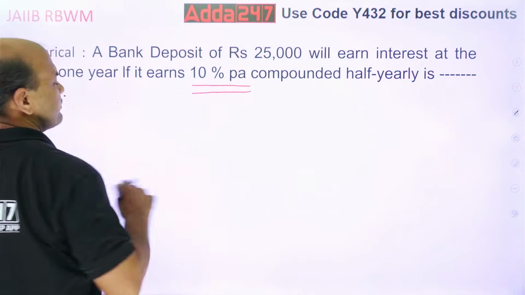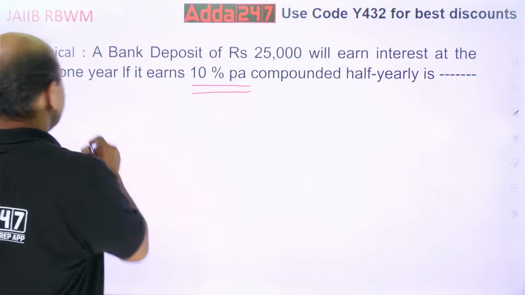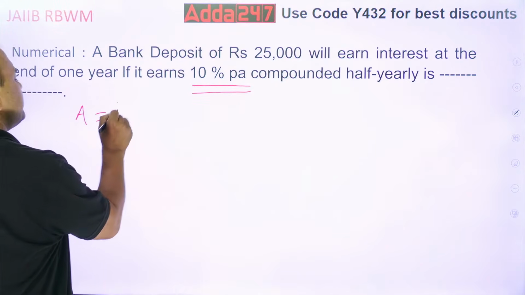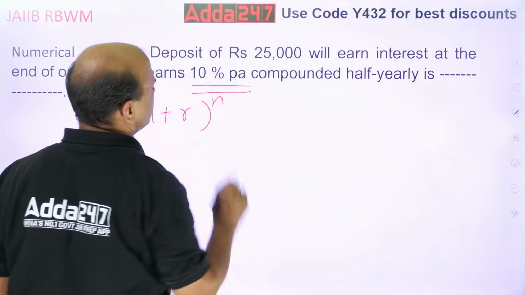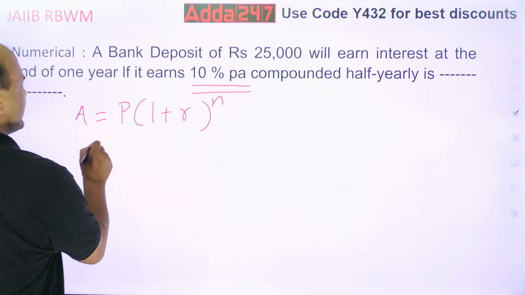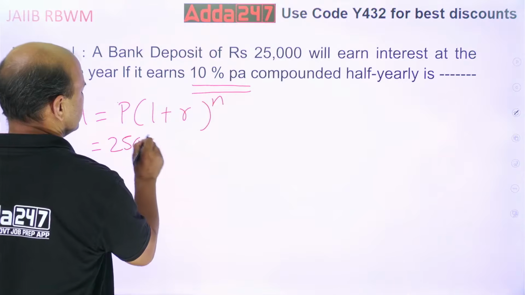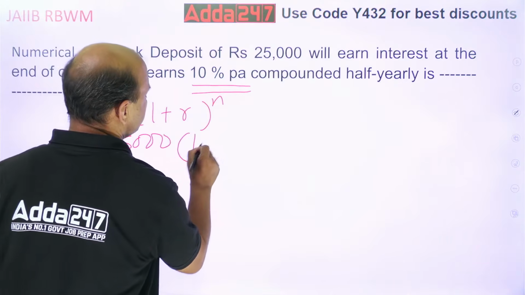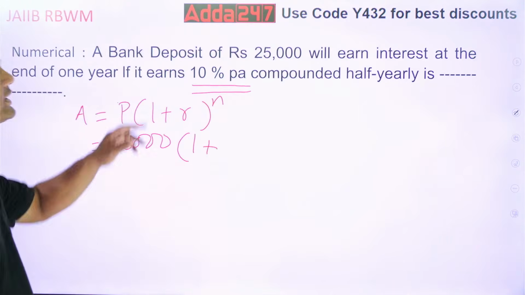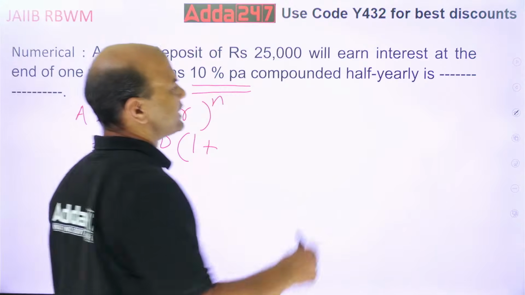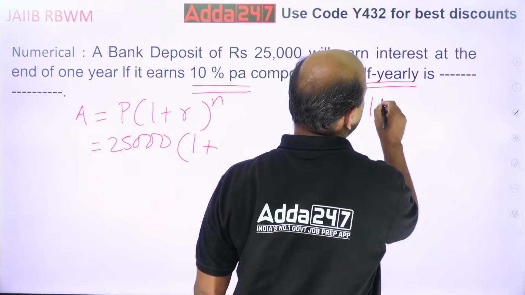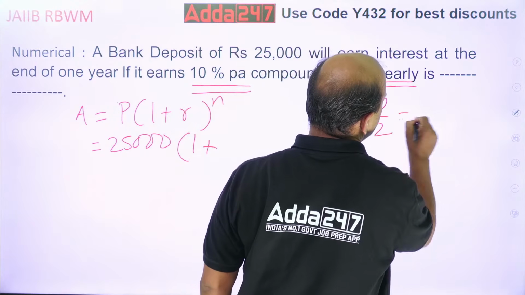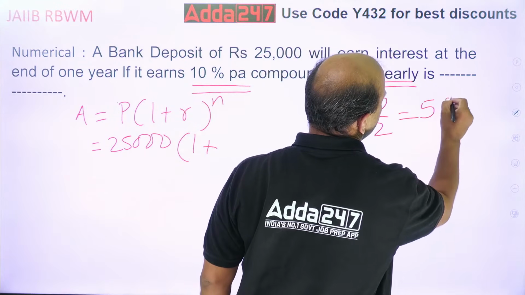Compound interest. For those who don't know, A equals P into (1 plus R) raised to N. What is P? 25,000 into 1 plus R. Now look at this R. 10%, but it is half yearly, so R equals 10 upon 2, that is equal to 5%.